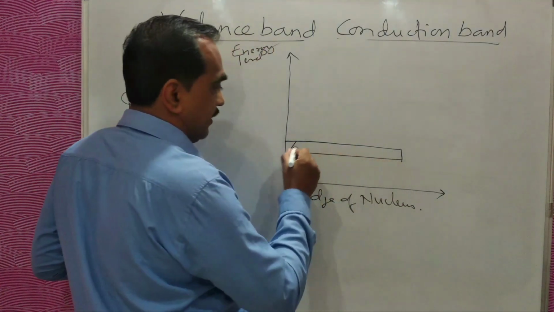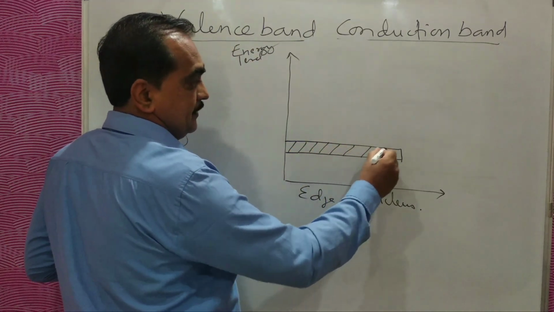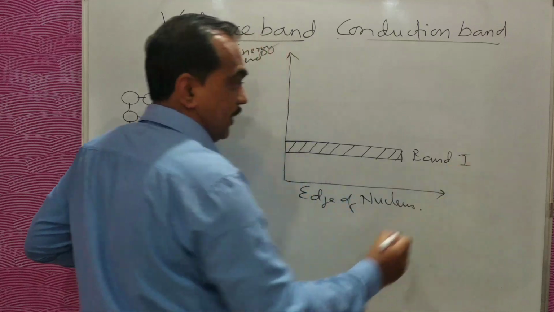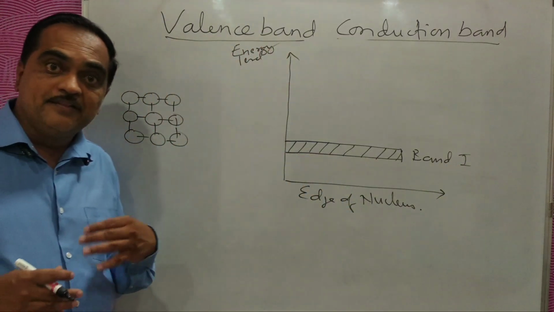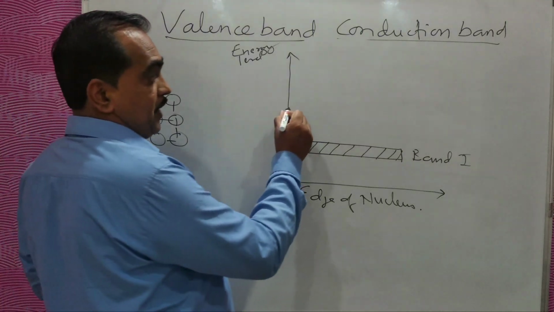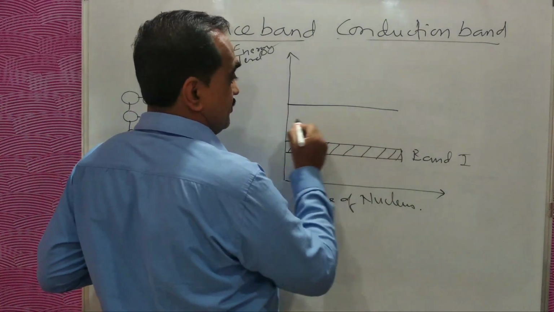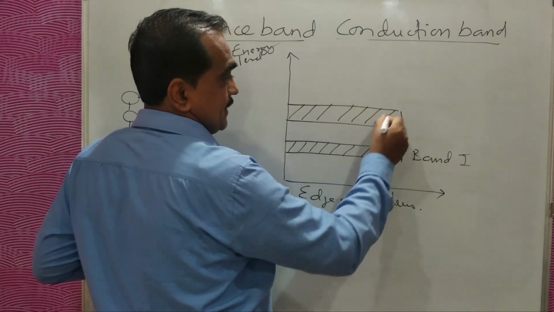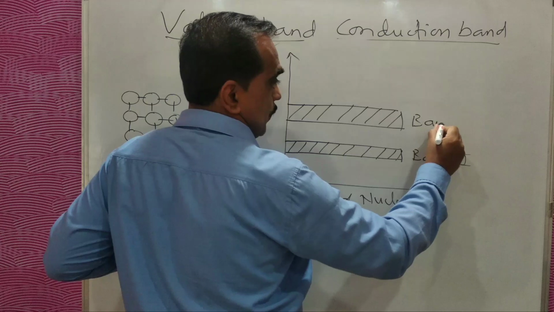This is the band of the first orbit, band 1. Similarly, if you take the second orbit of all the atoms, you can combine all the energy levels as an energy band. So this will be band 2.